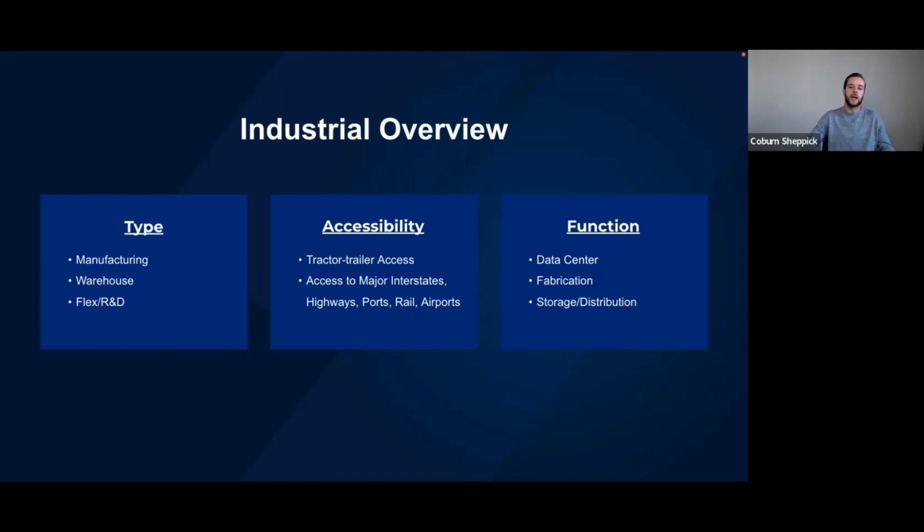And the reason is because what these properties are made for is manufacturing, storing, and shipping goods. That's their main purpose. And so accessibility is a major aspect of this asset type.